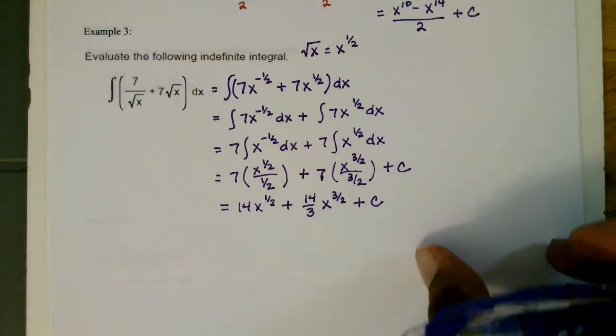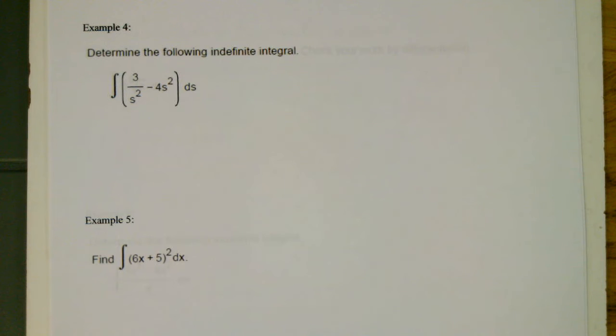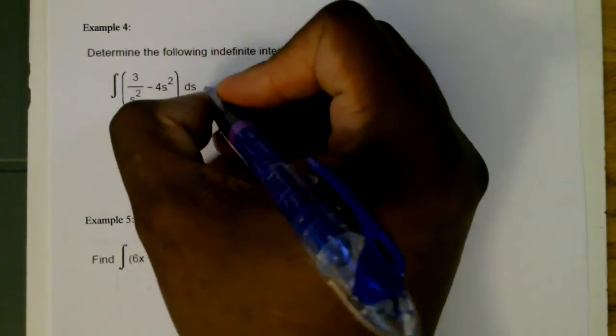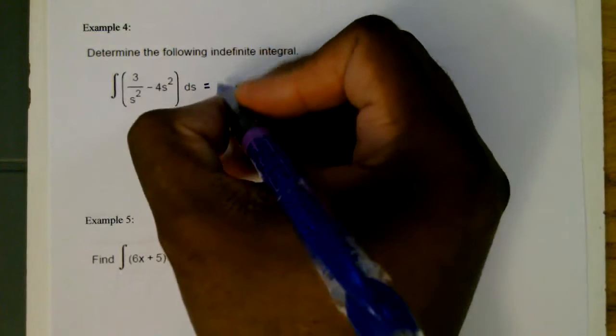All right, let's look at another example, example 4 on the next page. And that's this. Let's say we want to find the integral of 3 over s squared minus 4s squared ds. Now here they're using s as the variable, not x. So if I was to use the sum rule, this is what I'll have.